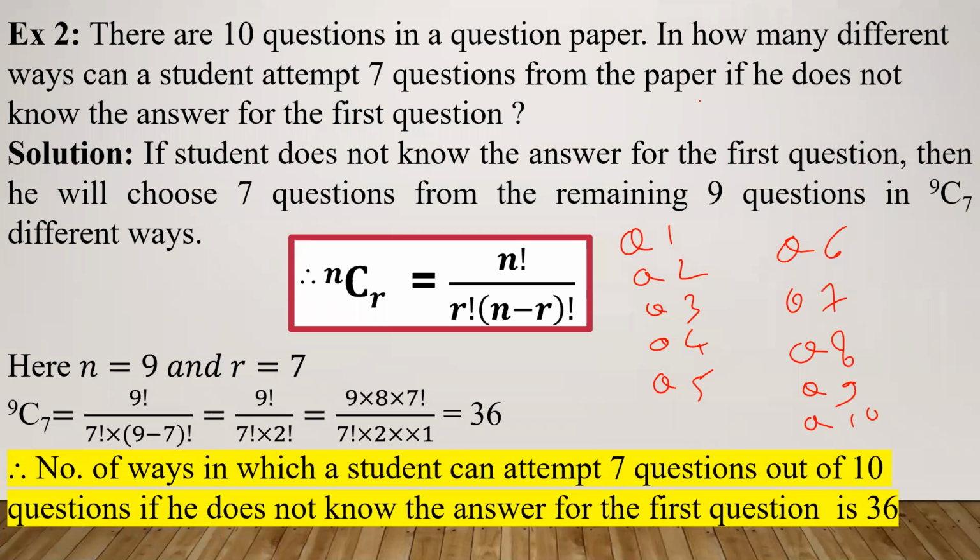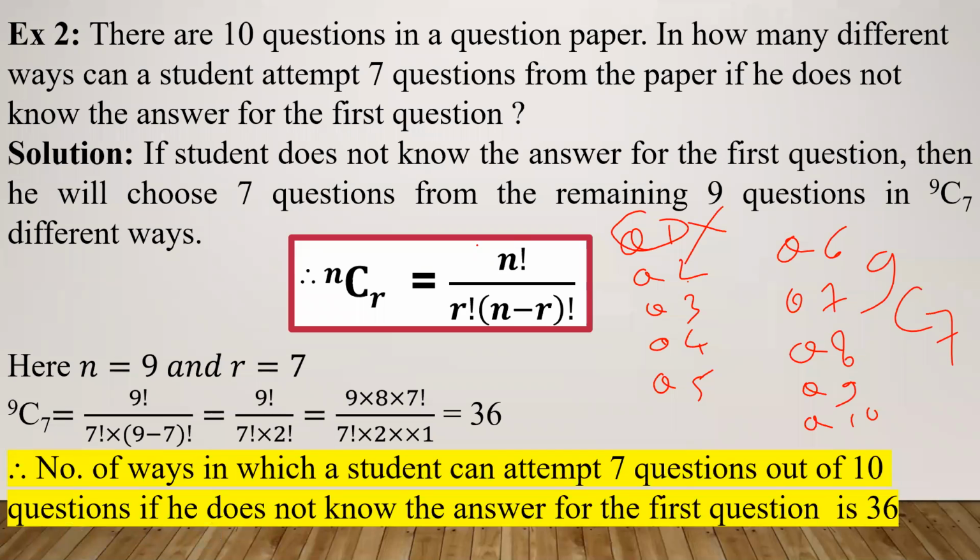He has to attempt any 7. If there is no condition, then out of 10 he can select 7 in 10C7 different ways. That problem we saw yesterday. In this problem, there is a condition that he does not know the answer of the first question. So he will select his 7 questions from the remaining 9 questions, from 2 to 10. So the answer will be 9C7.